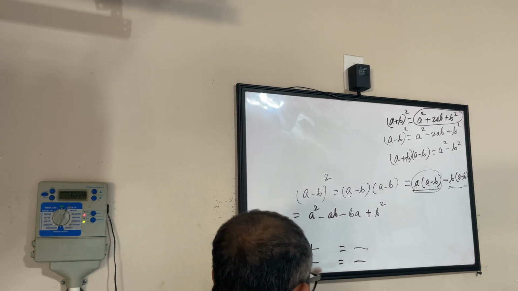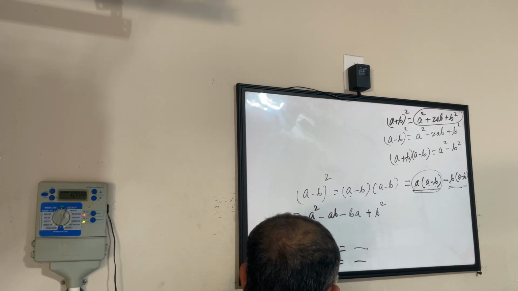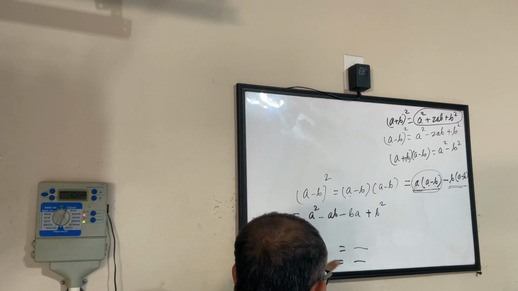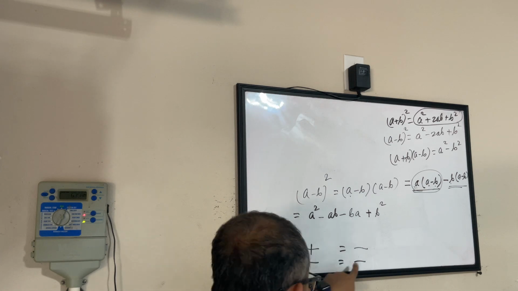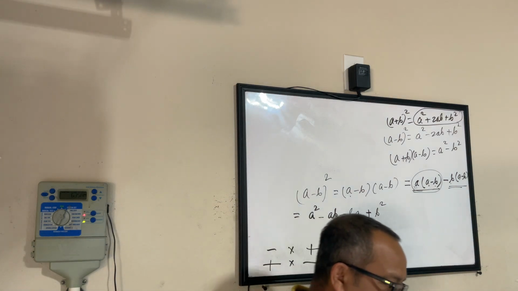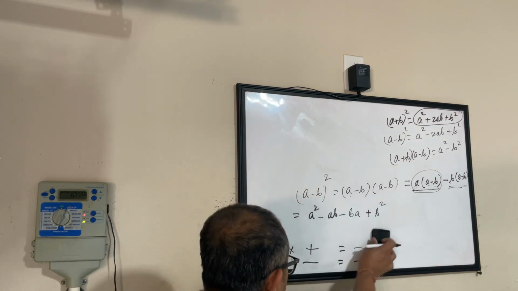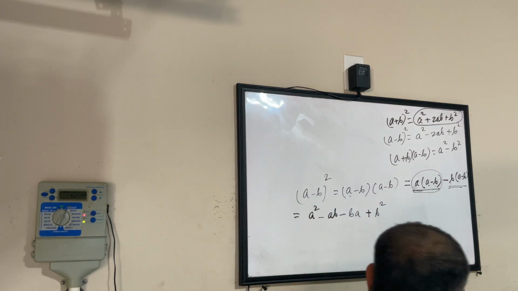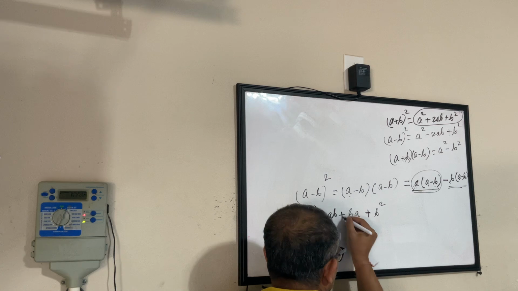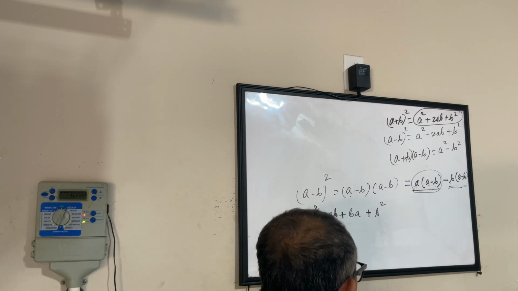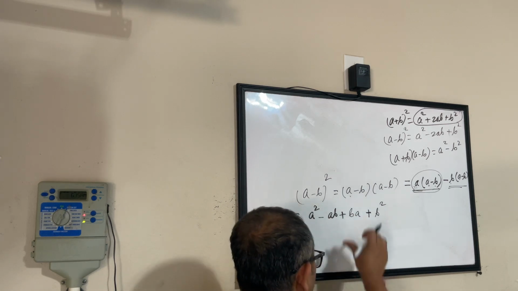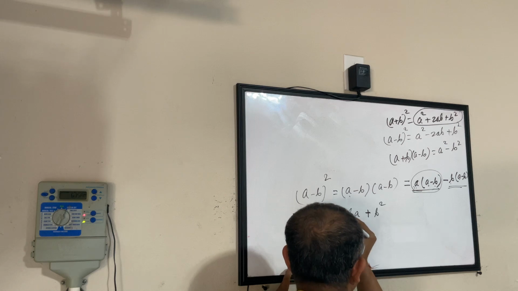If your signs are same, minus and minus, you will get a plus. Plus and plus, you will get a plus. If the signs are different, you always get a minus. Okay? And that plays a very crucial role, because if you did not do it right, you will get a different answer. Okay?